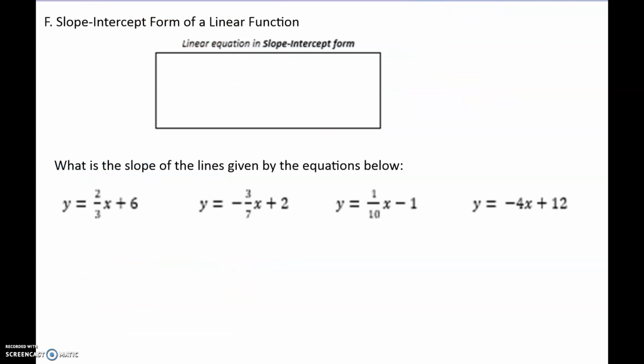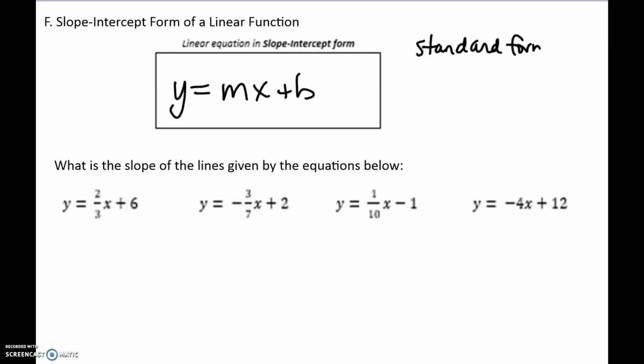We have slope-intercept form, and we're going to use this slope-intercept form a lot in this unit 6. Slope-intercept form is y equals mx plus b, where m is the slope. The other form here would be called standard form. Standard form of any equation means that all the numbers and variables are on one side, usually the left, but it doesn't matter, and there's a 0 on the other side of the equation.